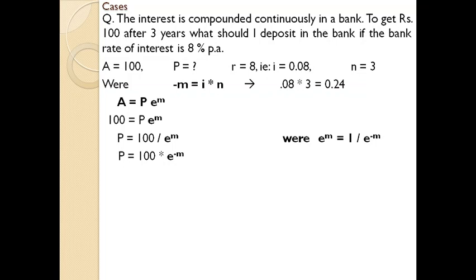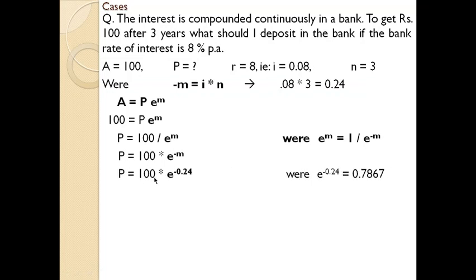If we substitute this, there will be a fraction above the fraction. So in order to remove one fraction, we change its position, that is 100 into e raised to minus m. That's how the sign has changed.